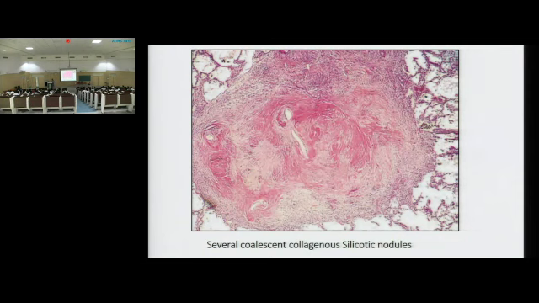On higher magnification, you can see black pigments, macrophages containing carbon pigment. In the periphery, this is normal lung parenchyma. You can see normal alveoli. In the four corners here also, this is normal lung parenchyma. And this is the silicotic nodule.